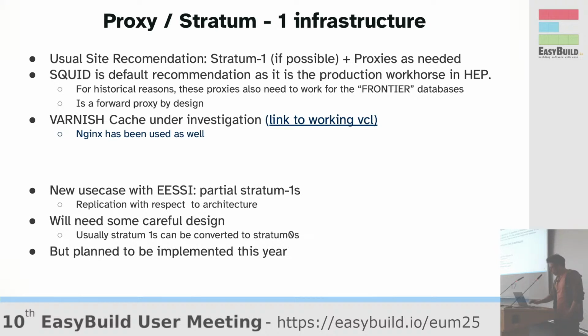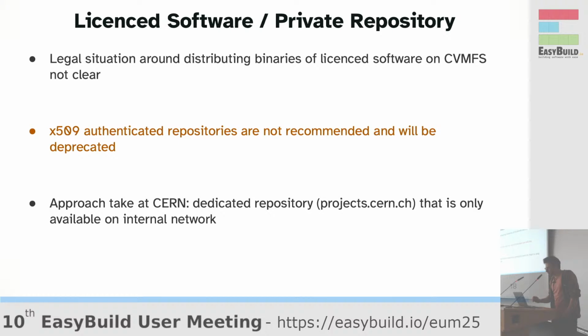All right. Because this was mentioned this morning, also a word around licensed software and private repositories. The legal situation around distributing binaries of licensed software on CVM-FS is not exactly clear. There's a 2-year discussion going on at CERN with both Intel and NVIDIA if this is covered by the license agreement or not, since it's the public distribution of the binaries.